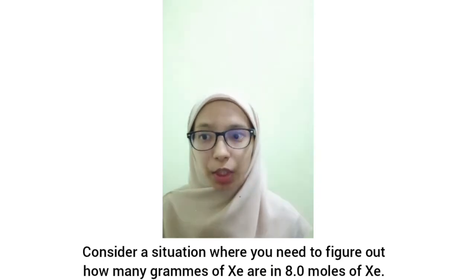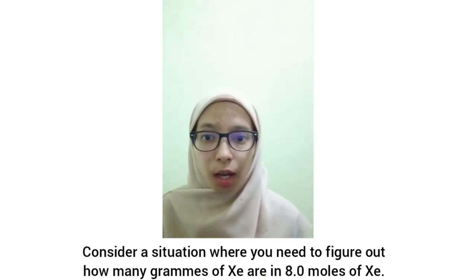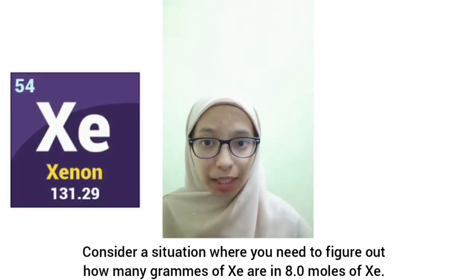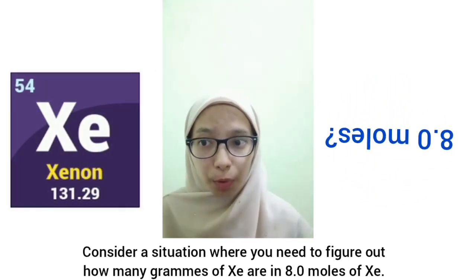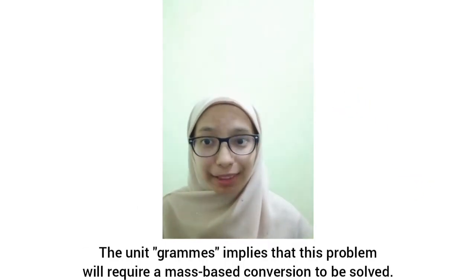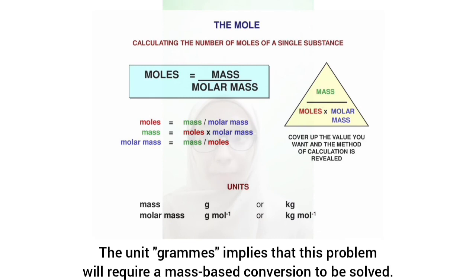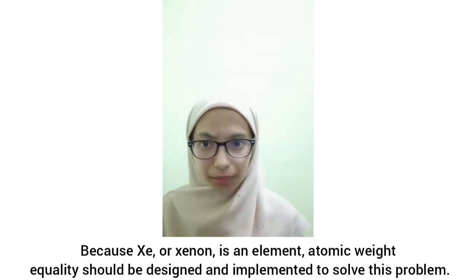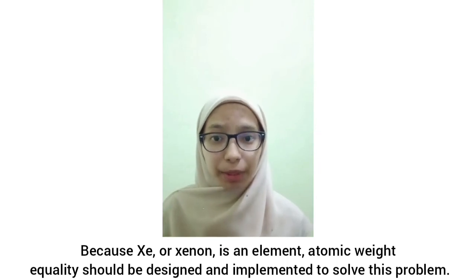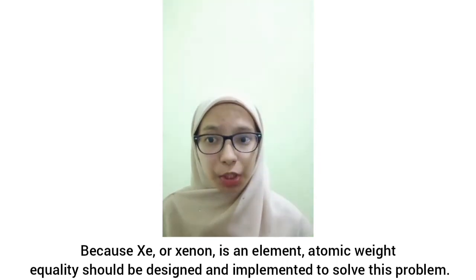Consider a situation where you need to figure out how many grams of Xe are in 8.0 moles of Xe. The unit grams implies that this problem will require a mass-based conversion to be solved. Because Xe, or xenon, is an element, the atomic weight equality should be designed and implemented to solve this problem.